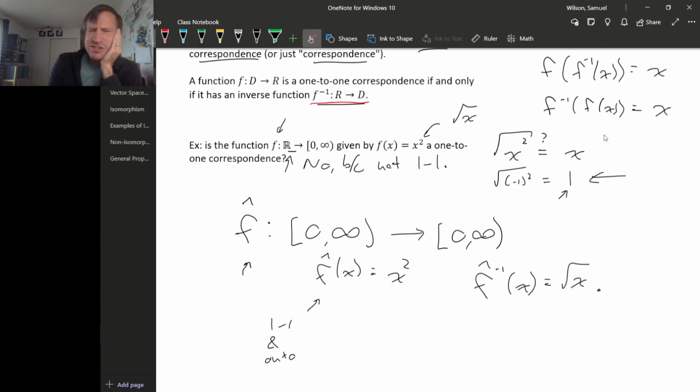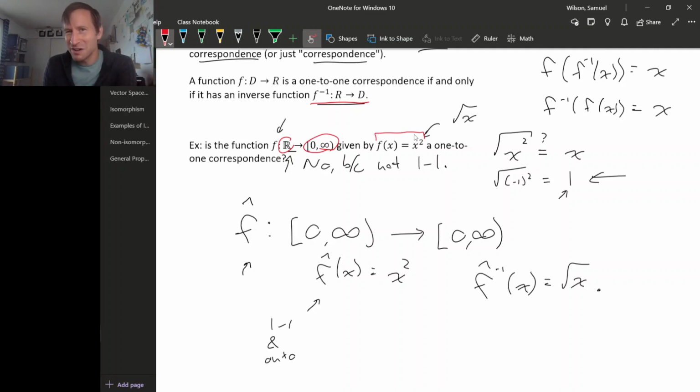So this just goes to show that when you're thinking about whether a function is one-to-one and onto, you can't ignore what the domain and the range are. We kind of have a tendency, especially in pre-calculus and calculus situations, of thinking about functions just as the formula that defines them.